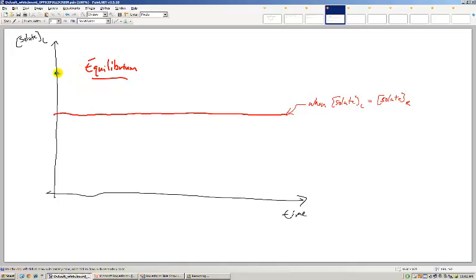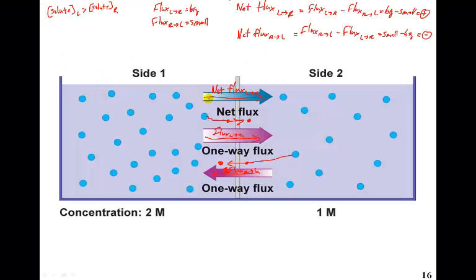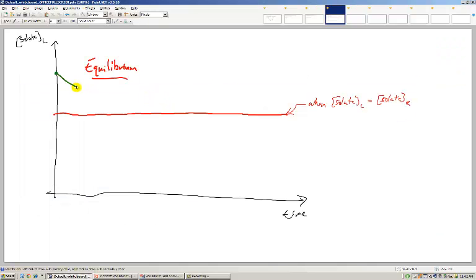Solute concentration on the left starts off as being high, but over time it will decrease because there's net flux from left to right. There's more guys moving from left to right than from right to left. So you see that this system is not in equilibrium. The concentration will decline in this case.